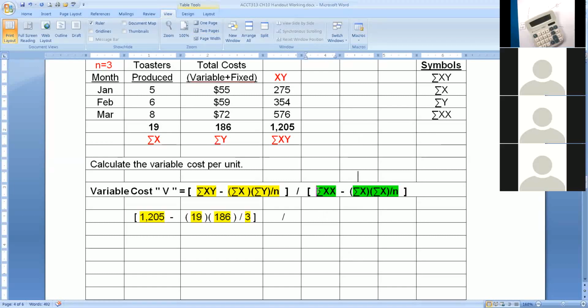Okay, so this first one, sum x times x. Now this is similar to this over here. So we sum up, but we do the multiplication first. So x times x is just taking the x's and multiplying by each other. So let me show you what I mean by that.